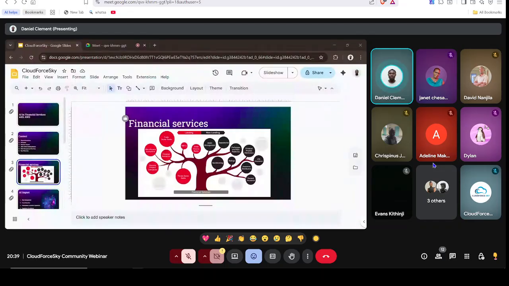The core categories are banking, investment services, insurance, and fintech solutions, which is one of the biggest solutions of our days currently, along with regulatory and compliance services.